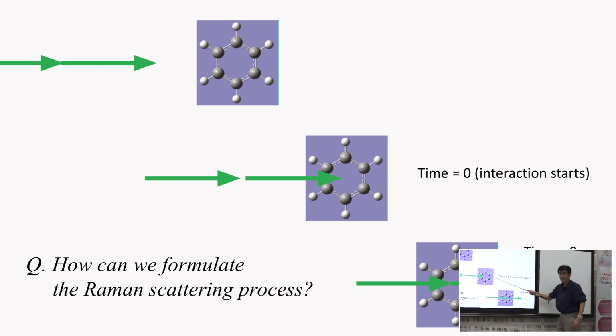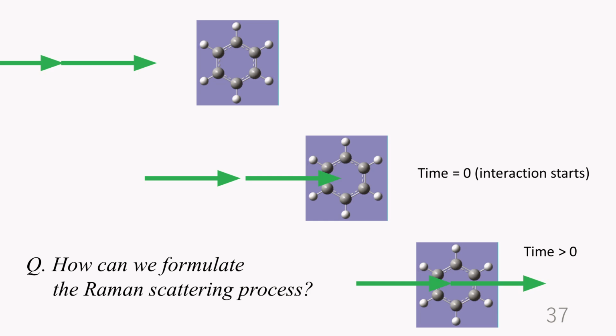After starting the interaction and spending some time, then an optical event occurs. And during this process, Raman scattering occurs. So we want to know how to formulate this process.